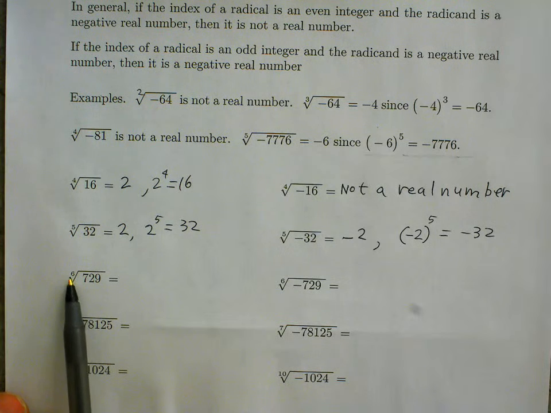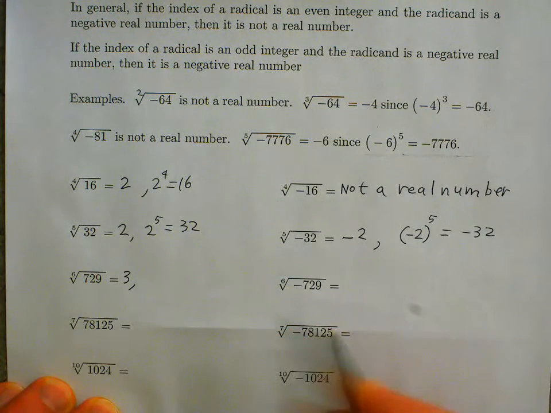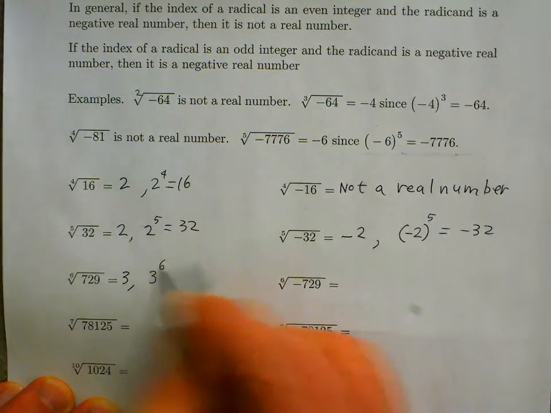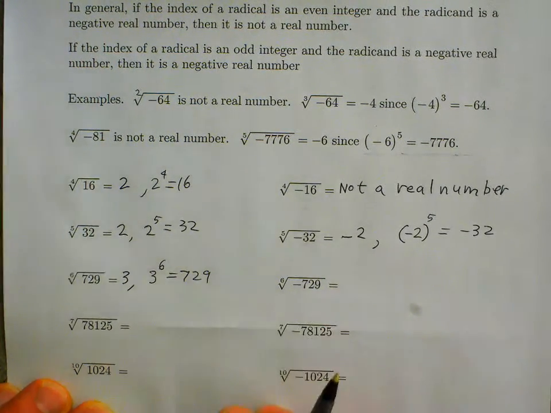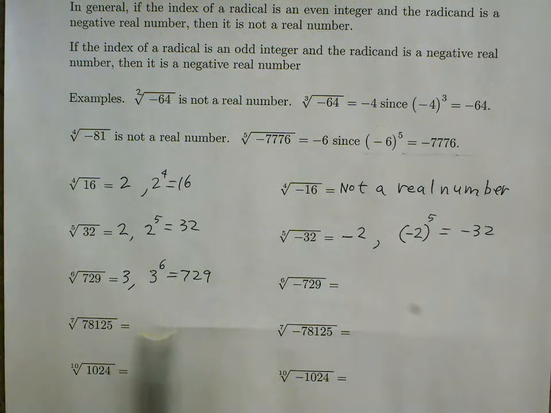Okay, the sixth root of 729. That's 3 because 3 to the sixth is 729. You might remember 729 is also 27 squared.